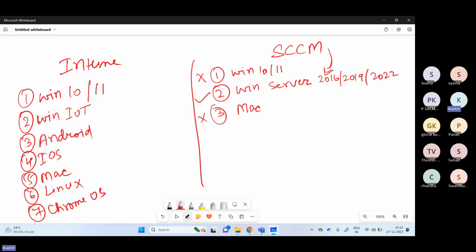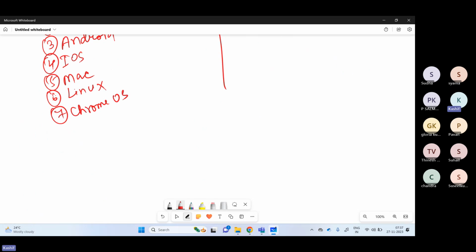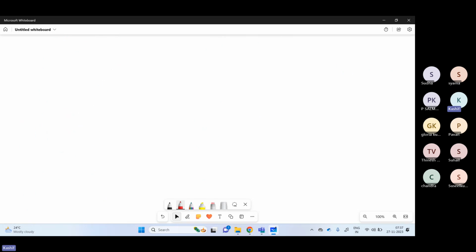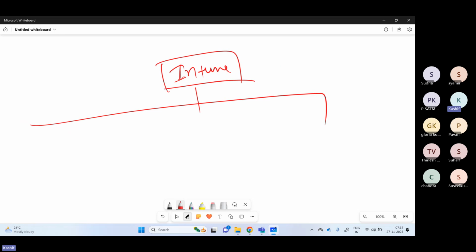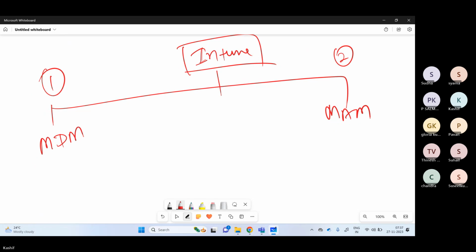Now, as you know, Intune is also a Microsoft product. So what is Intune basically going to do? Intune does two things: MDM, mobile device management, and MAM, mobile application management. You can manage mobile devices and mobile applications.